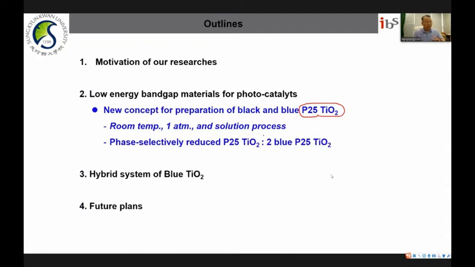That is what I'm mainly focusing on here today. And then some hybrid applications using blue TiO2 and very short future plans.